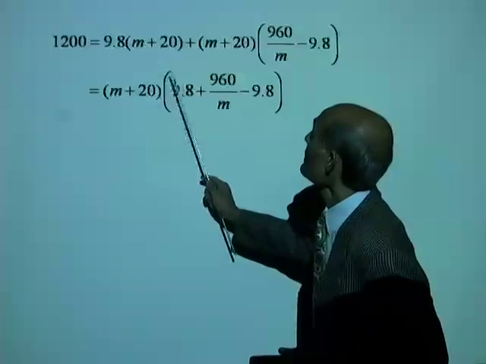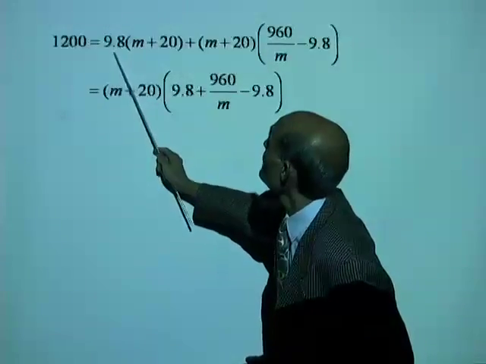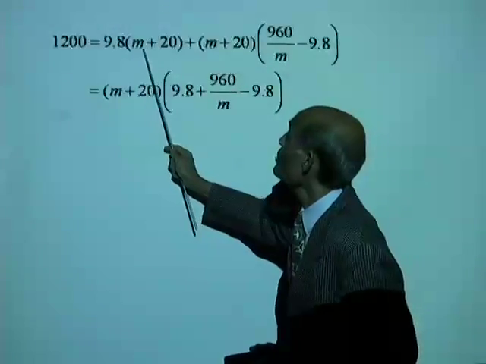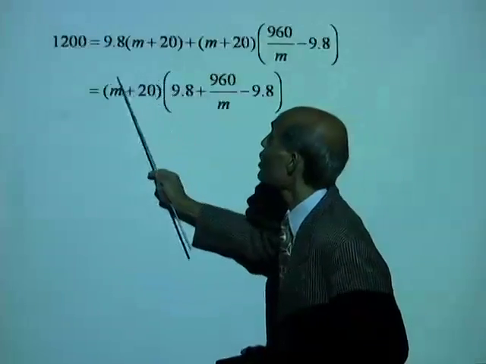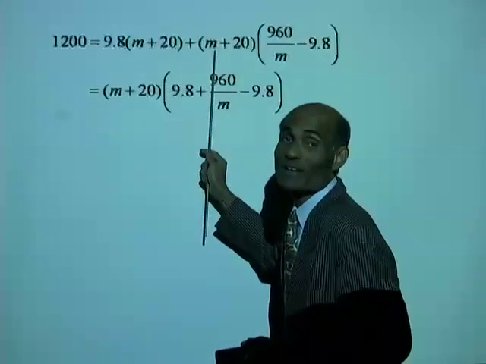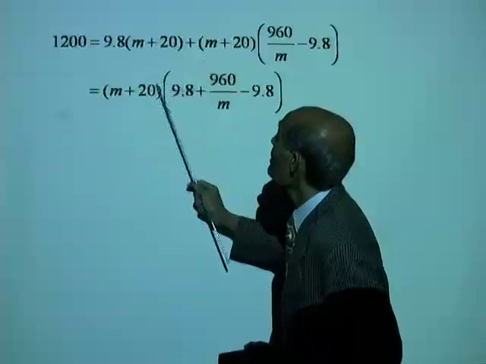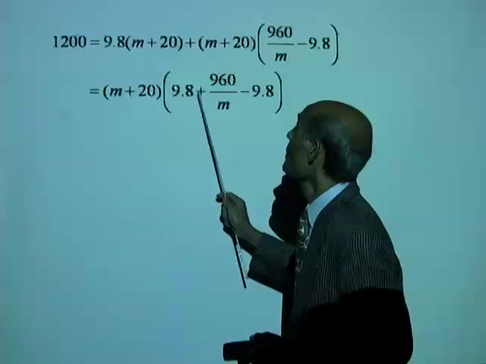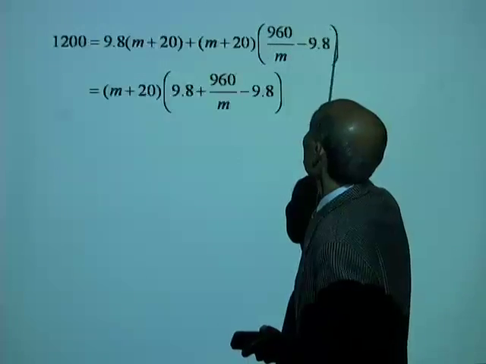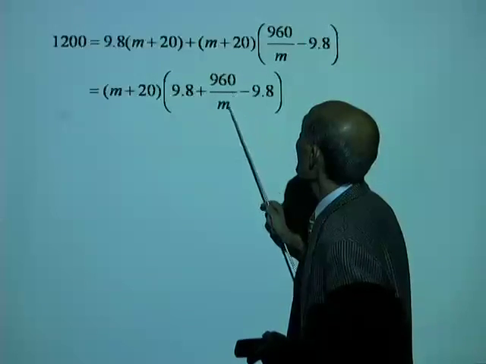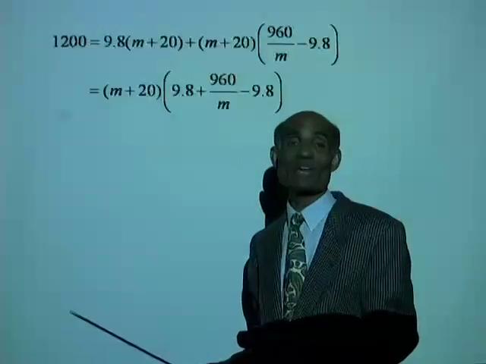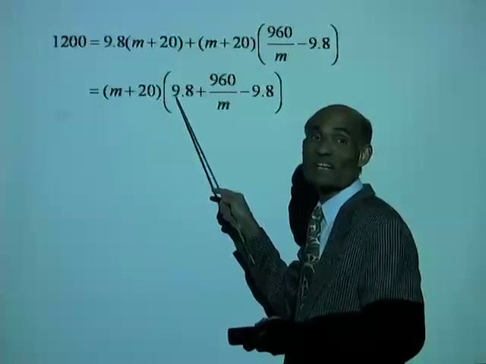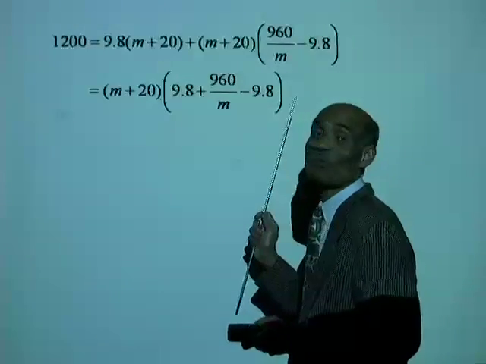That will be 1200 equal to, what I have done here is, I took m plus 20 as the common factor. Do you understand that? If you put m plus 20 as the common factor, what is left in here will be 9.8, plus what is left here is 960 over m minus 9.8. That is a neat way to do that, because you notice that inside here 9.8 minus 9.8 will cancel.